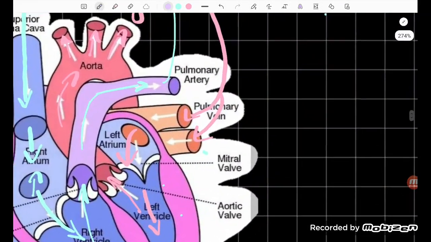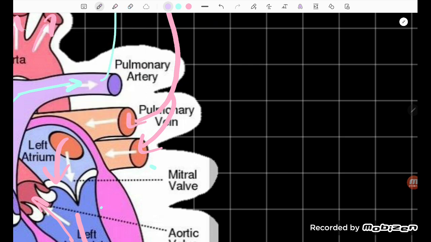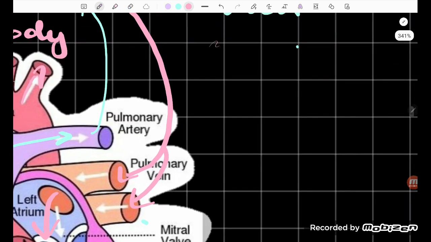I'm going to make a small note here so that it's easier for you guys to remember. A small note box. Let me add a box there.